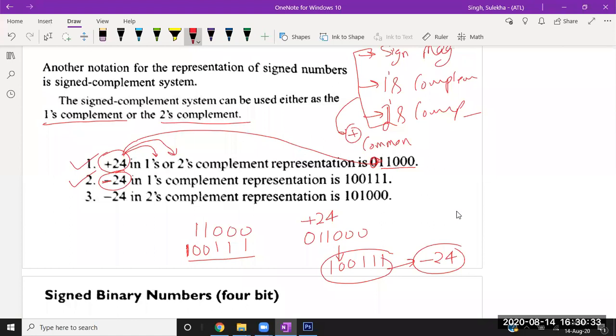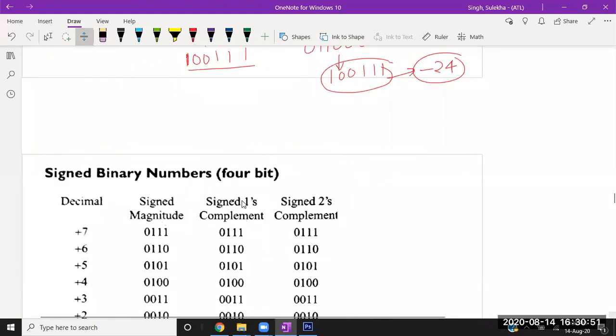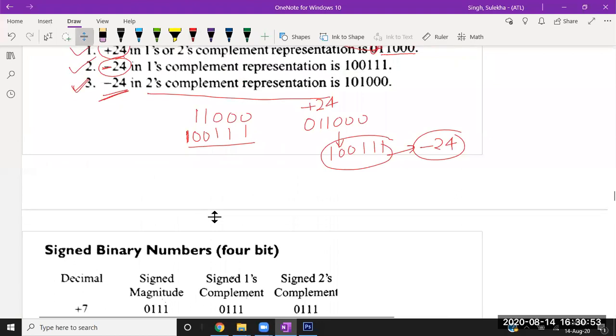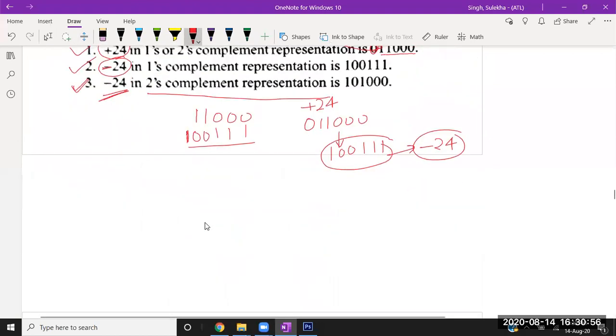The next thing is the third point, where we are representing a negative number in the form of two's complement representation. For this third representation, you want minus 24.